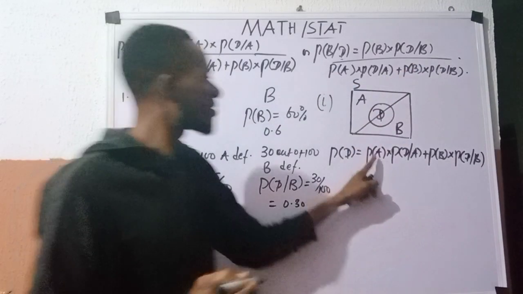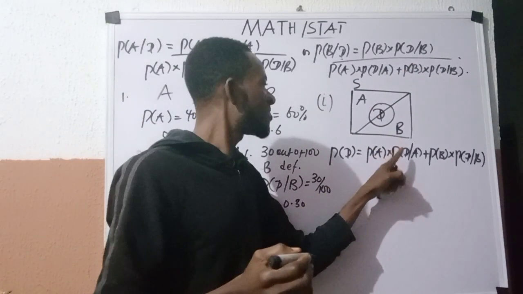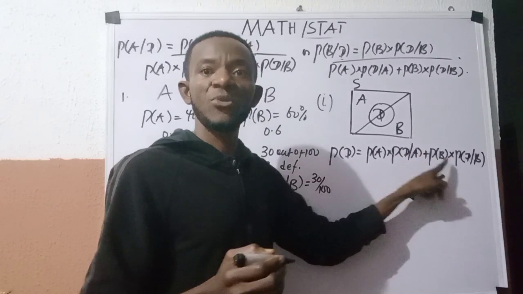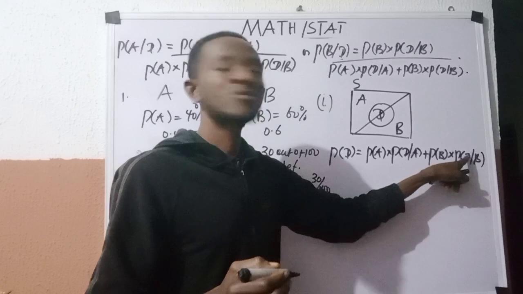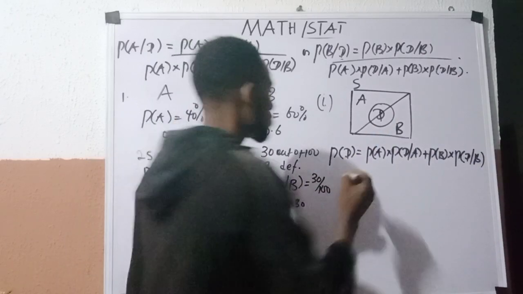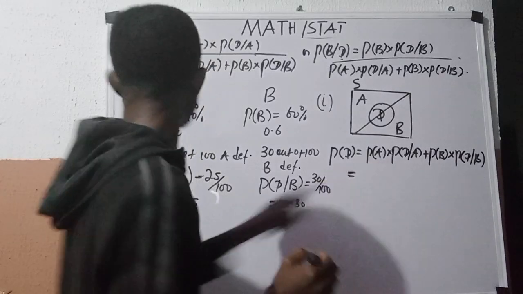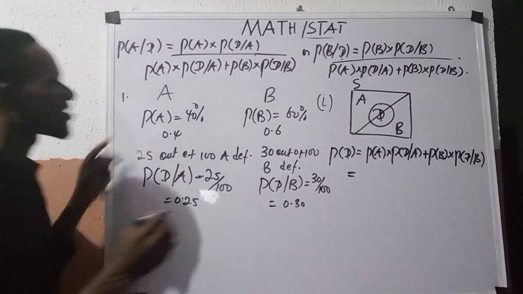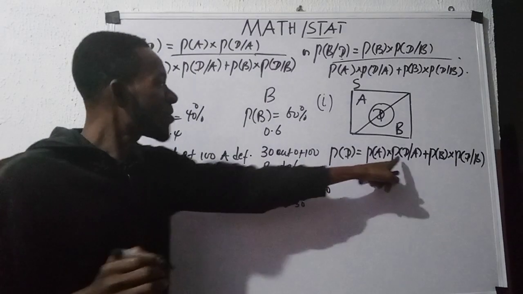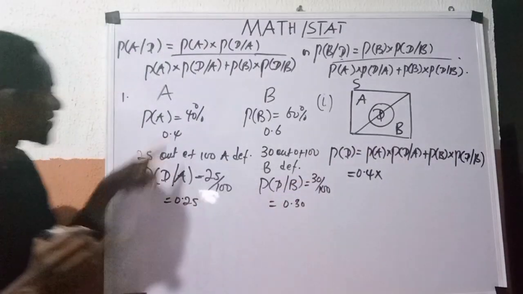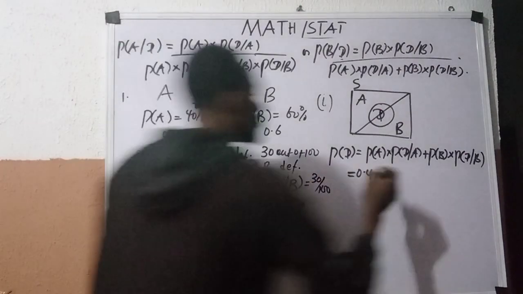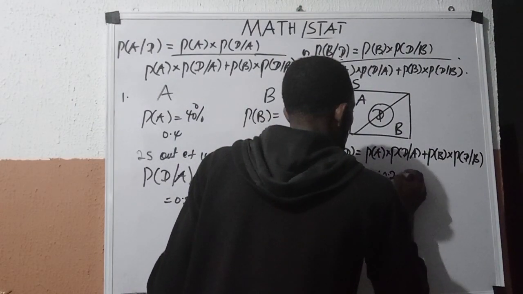That is the probability of factory A multiplied by the probability of defective given that it is coming from factory A, plus the probability of B multiplied by the probability of defective given that it is coming from plant B. And of course, we already have this. The probability of A here is 0.4. So I have 0.4 multiplied by the probability of defective given factory A, which is 0.25.